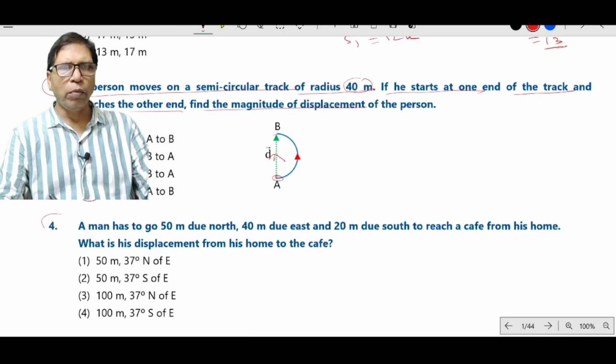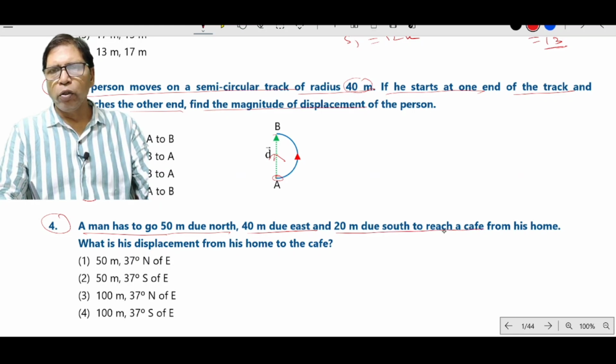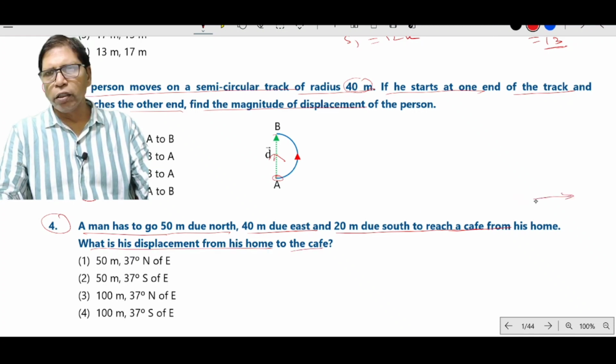Look at this, question number 4. A man has to go 40 meter due north, 40 meter due east, and 20 meter due south to reach a cafe from his home. What is the displacement from the home to his cafe? Suppose along east direction the unit vector is i cap, along north direction the unit vector is j cap.